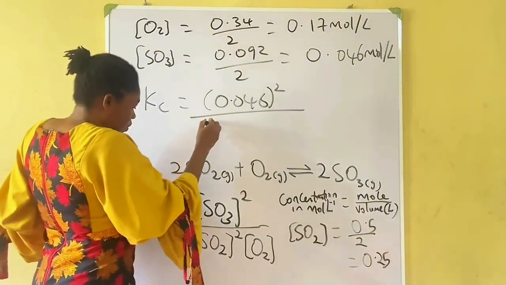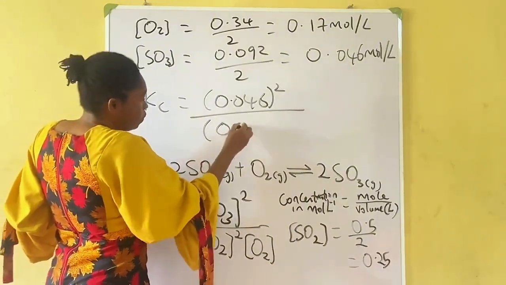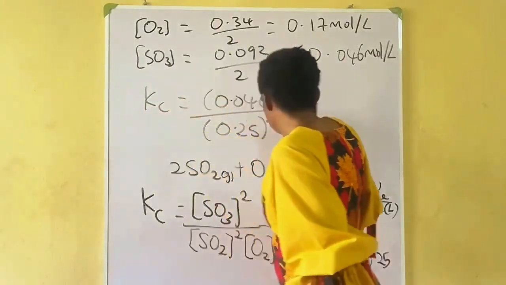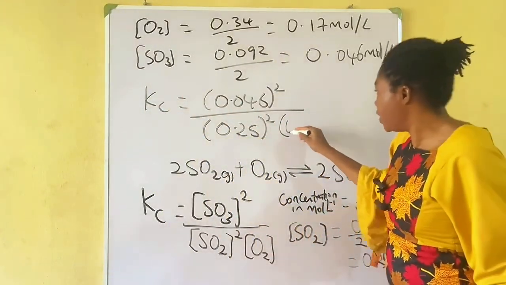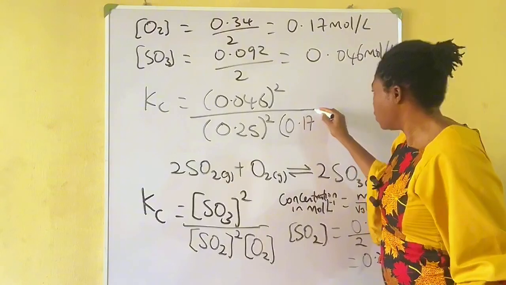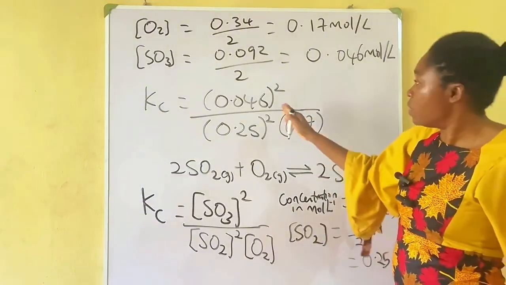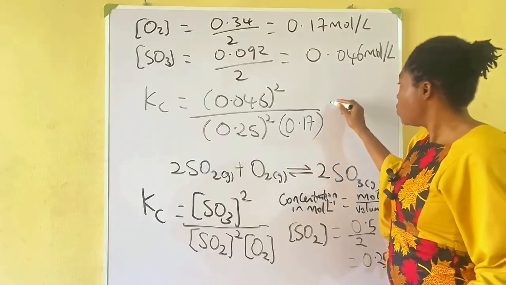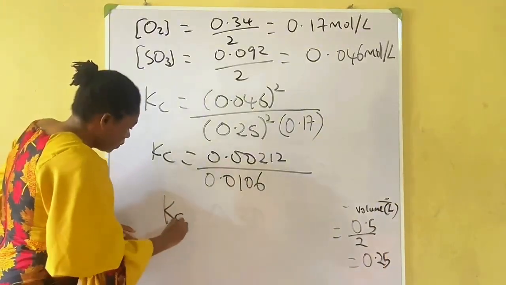SO2 is 0.25 raised to power 2. Then the one for oxygen is 0.17. So by the time you square this and divide by this denominator, the value of Kc will be equal to 0.20.